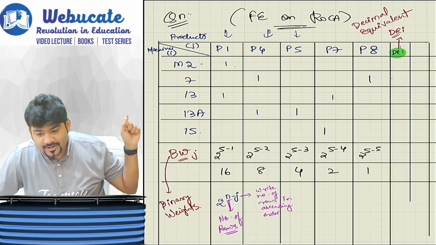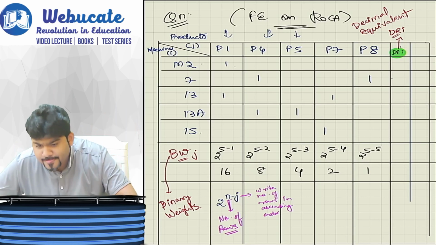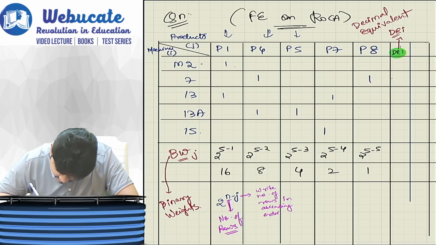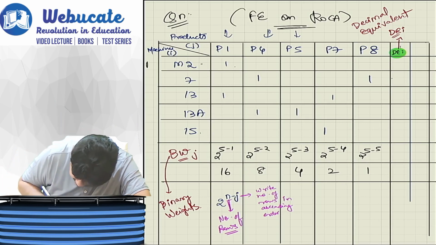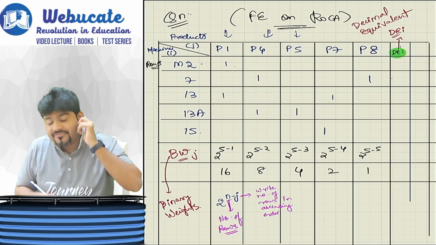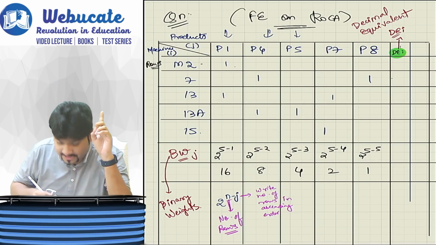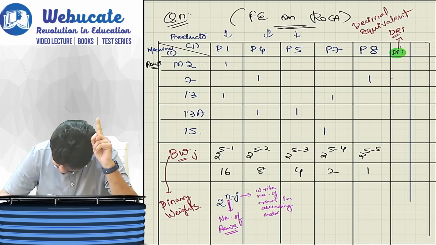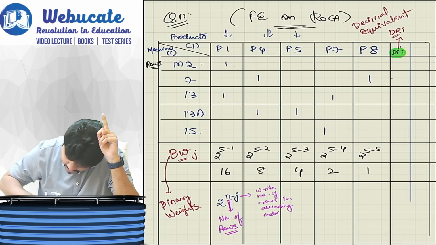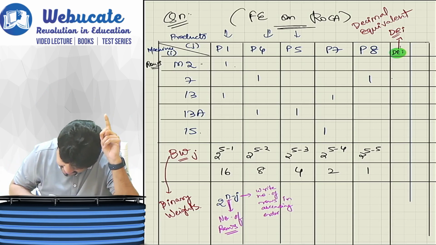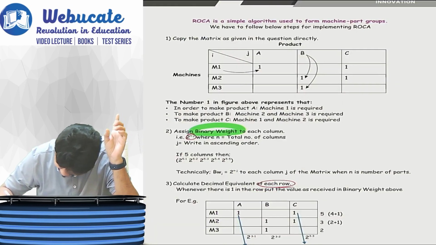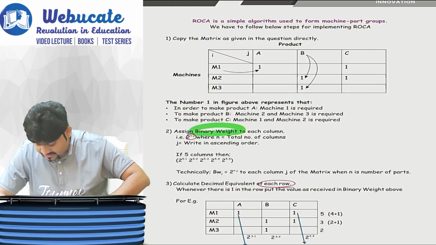Can you see this P1? What is the value of P1? Now you have to focus on the rows. Which row can you see? M2. The M2 value we will have to write down. So in M2, how many ones can you see? This one, P1 you can see. Any other that you can see here?